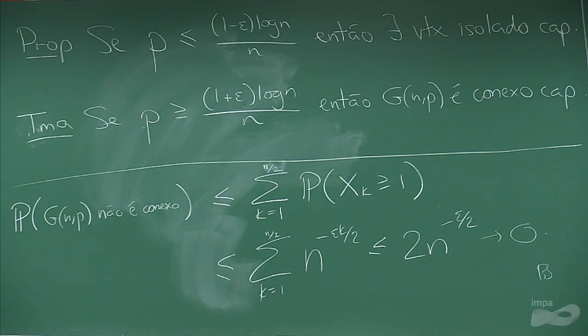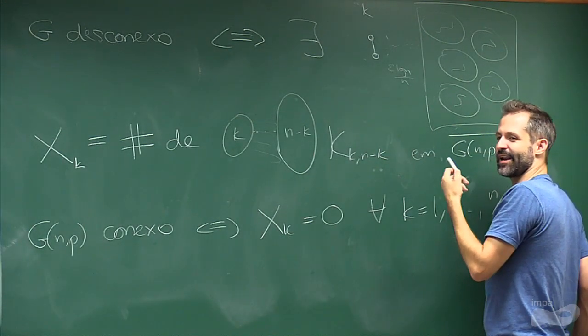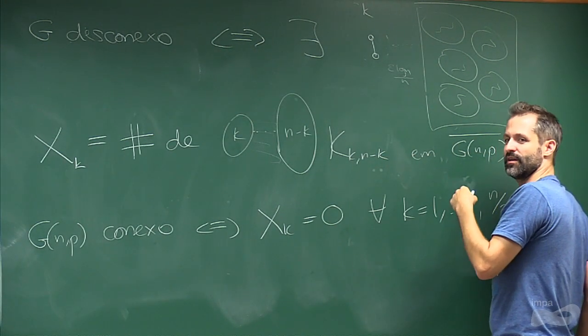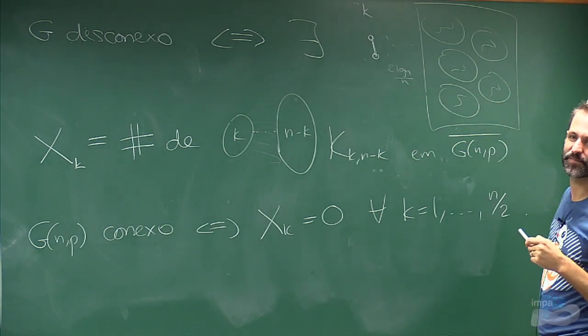Now it's very hard for you not to have an edge, so you're now going to add epsilon log n over n density of edges. And there's 2n possibilities, so you expect epsilon log n. So your probability of failure is n to the minus epsilon. But if you have n to the epsilon of these things, then you're dead.